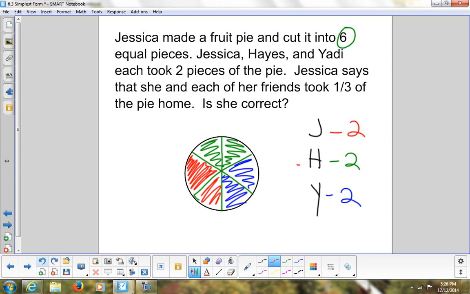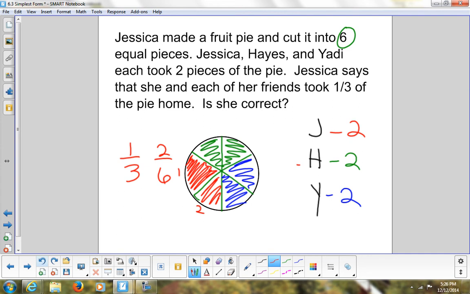Okay, so what we're trying to find out is if a third of the pie is equal to what Jessica or Hayes or Yadi ate. So Jessica ate how many? 1, 2. So she ate 2 out of 1, 2, 3, 4, 5, 6.